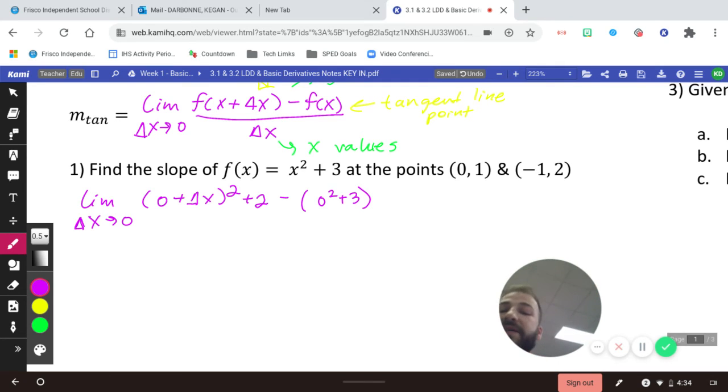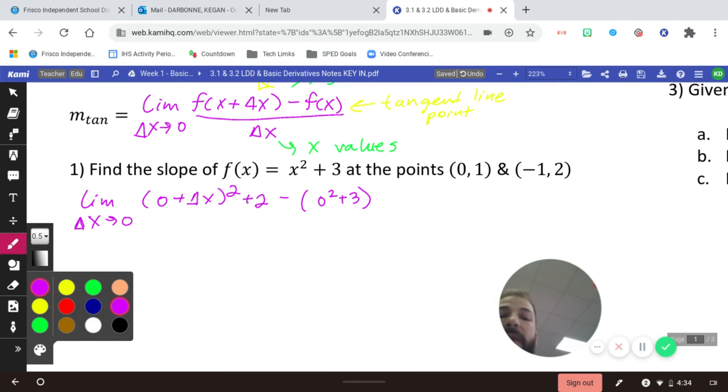What you might notice is that I took my x value here and plugged it in for x in my function, f of x, and then delta x went in for delta x. So this first one is I'm plugging x plus delta x in. So I put 0 plus delta x, because 0 is my x and delta x is here, plugged in for x. My second expression, I'm just plugging in x for x. So that's where I get the 0 squared plus 3. So this is f of x plus delta x, this is f of x, and that is all over delta x.